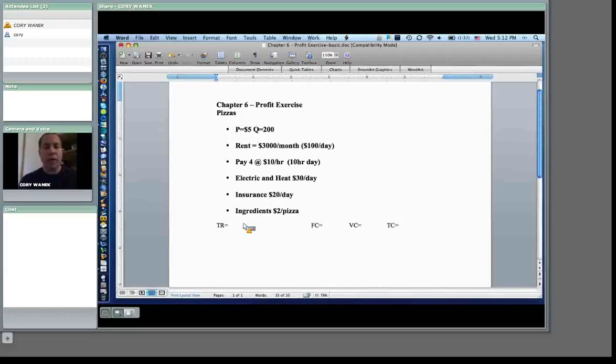Then what would be the profit? Also figure out what is marginal revenue.